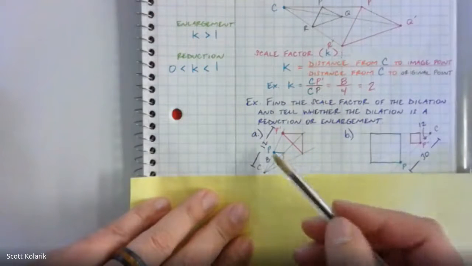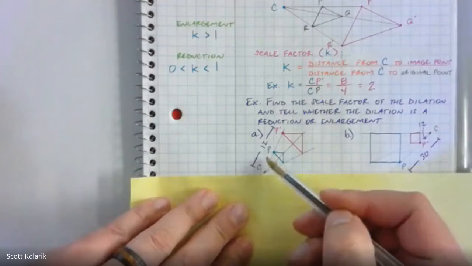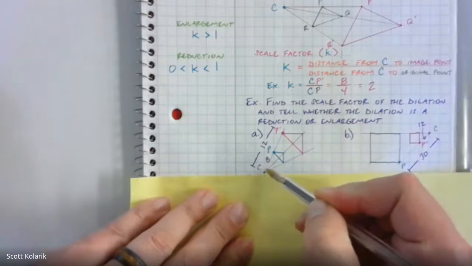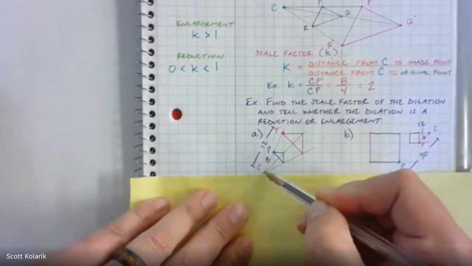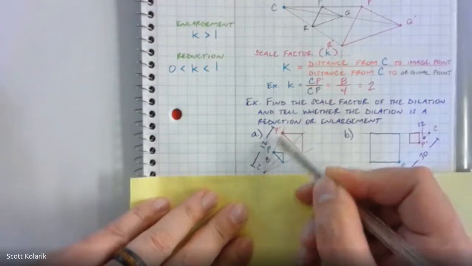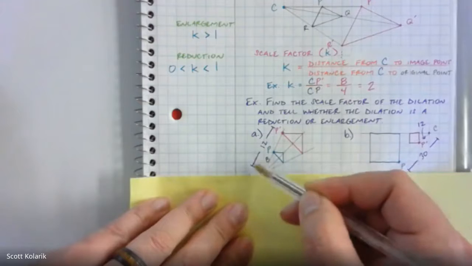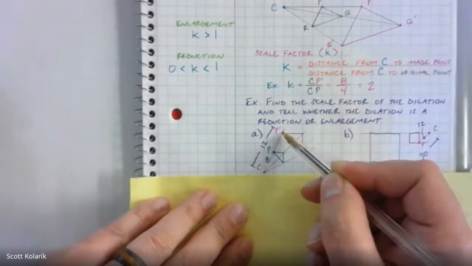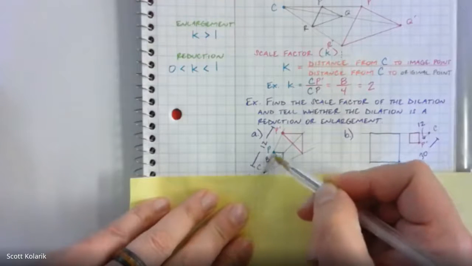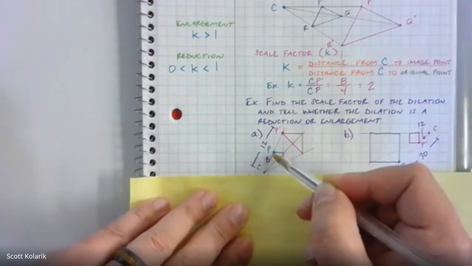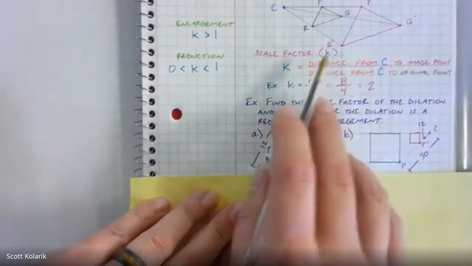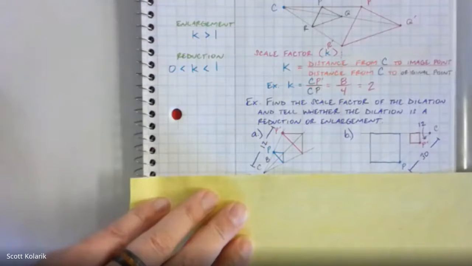And that will be denoted by some sort of ratio between these measurements right here. Namely, here's the center of dilation. It going to its image point up here is 12 units. 12 units to get from my center of dilation to that image, versus only 8 units to get to the original point. So this will actually end up being pretty similar to the one we did above, and I'll deal with this on the whiteboard in a minute.